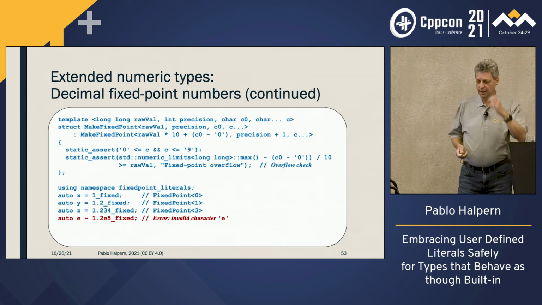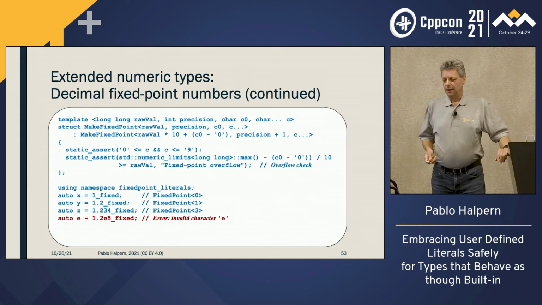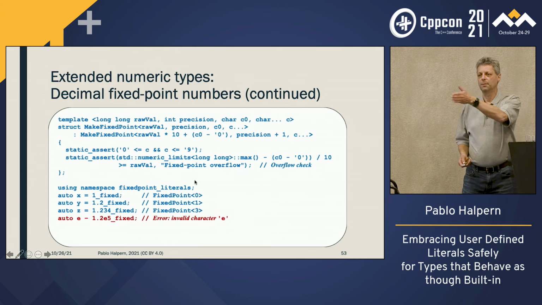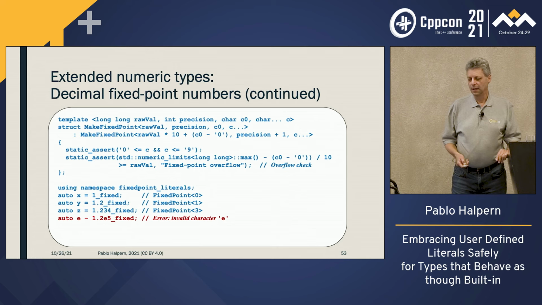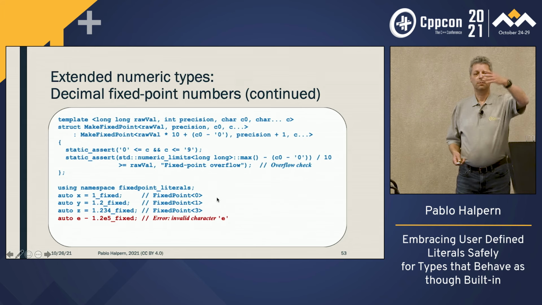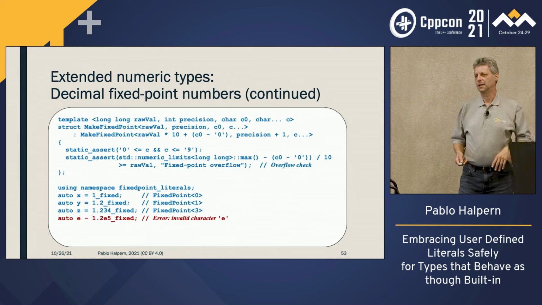And then we use that in our UDL, and now we have these 4 examples where we are creating fixed point numbers. 1.2 underscore fixed is a fixed point with precision 1 decimal point to the right of the decimal point. The next one, 1.234, 3 decimal places to the right of the decimal point. And the last one, which is a valid floating point number, but the meta program will say, no, we don't accept E in our fixed point representation.